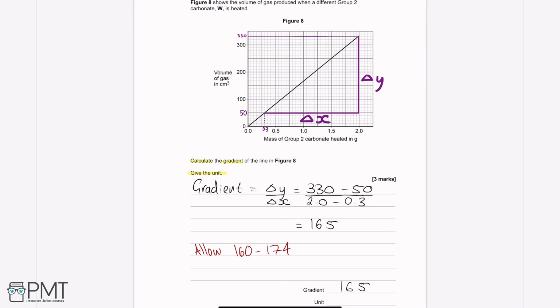Now we need to give the unit. So what we've worked out here is the change in y, which is measured in centimeters cubed, divided by the change in x, which is measured in grams. So for your unit, all you have to put is centimeters cubed per gram.